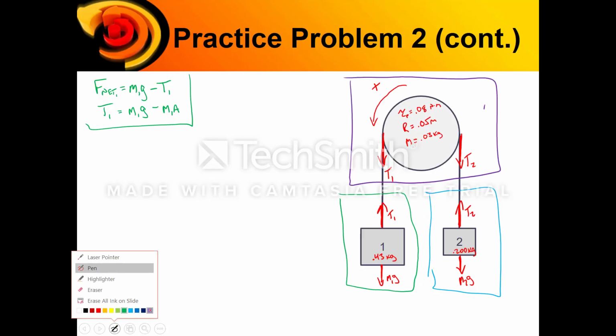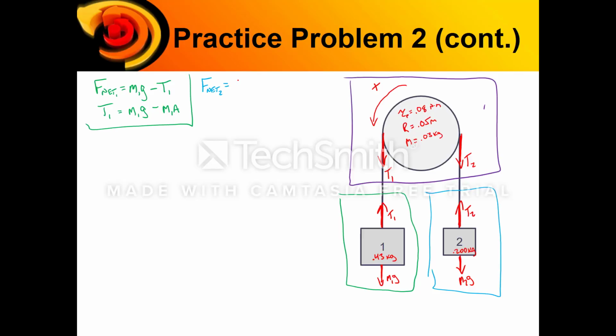For our second object, we're going to do mass 2 down on the bottom there. F net 2 is equal to T2, which is going in the positive direction because it's going up and over there, minus M2G, the gravitational force on mass 2.